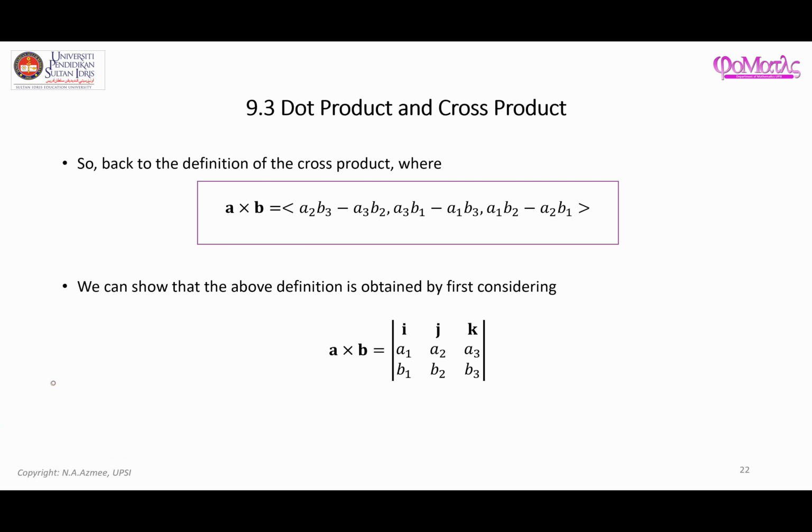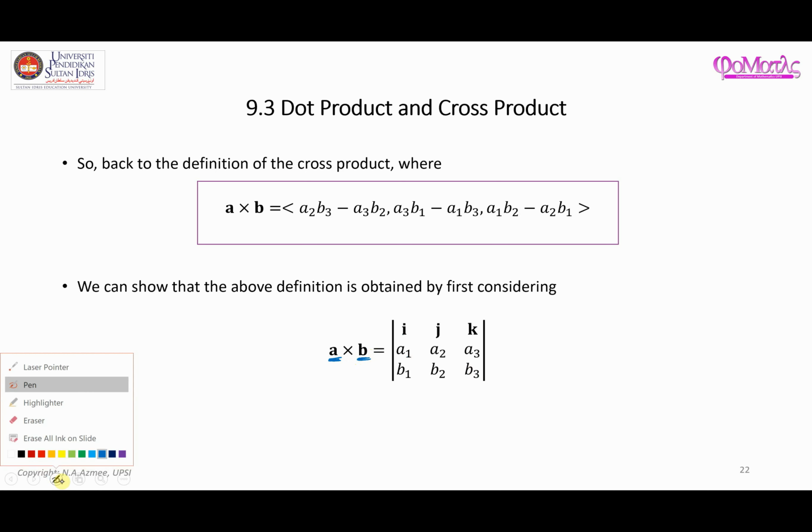Okay, so the above formula here is obtained by considering the idea of determinant of order 3. So we can write down I, J and K. So A1, A2, A3 is the components of the first vector, vector A. B1, B2, B3 is the components of this vector.